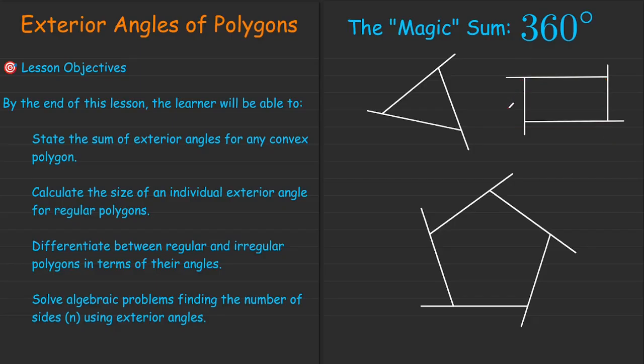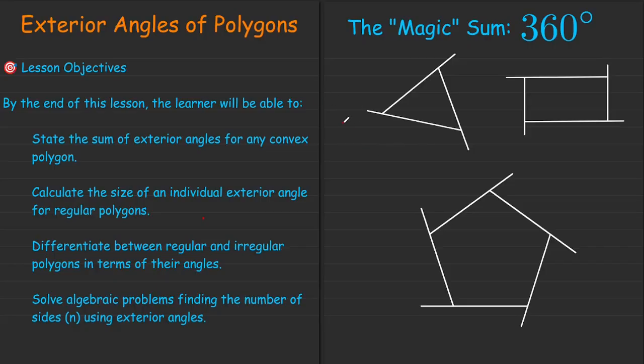So you realize that you were initially at this point, you've gone around, and you've come to be again at this point. That is 360 degrees. And it is obvious that the pentagon here would also satisfy that same condition. So what is the magic sum 360? All we are trying to say is, irrespective of the polygon, the sum of the exterior angles equals 360 degrees.